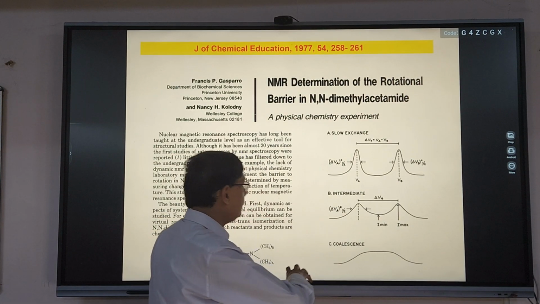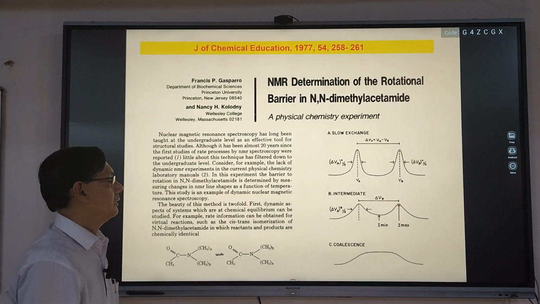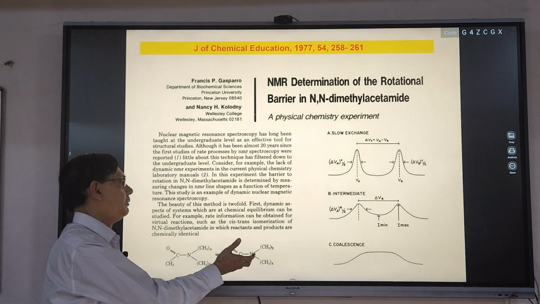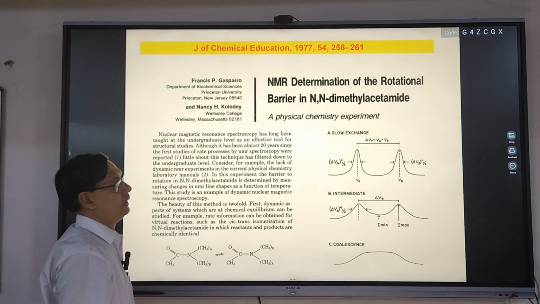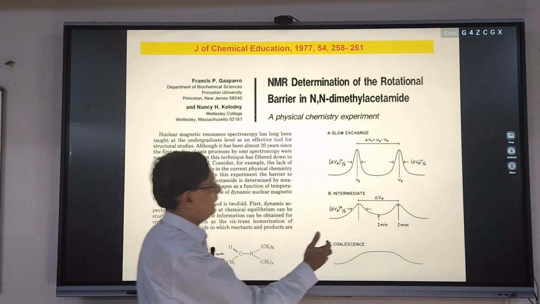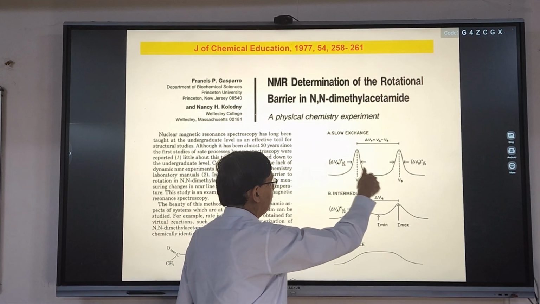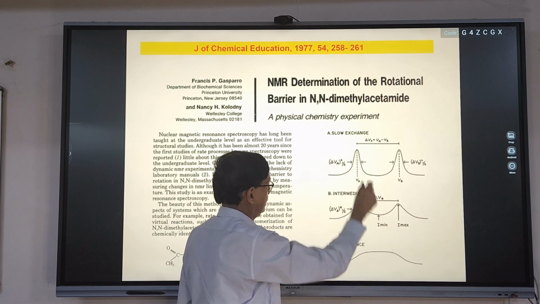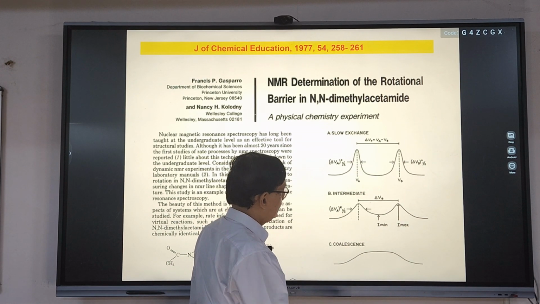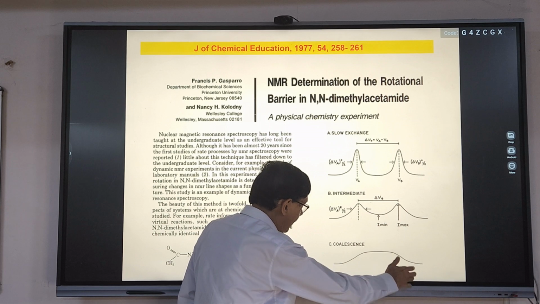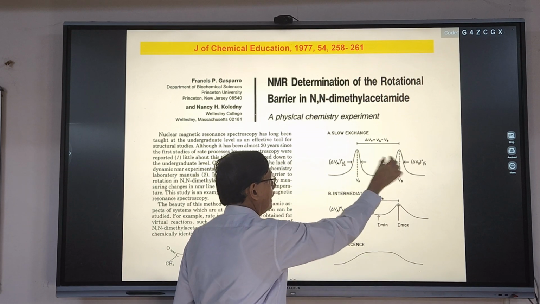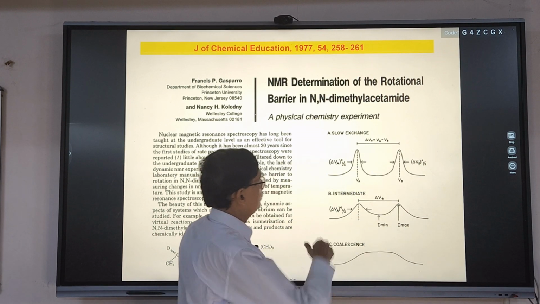So how do we interpret or study such a fast reaction with the help of NMR? What is the reason for that? Why such types of peaks? What about the radio frequency changes? Why is there a flat region? Here it is very clear cut: two signals are shown.